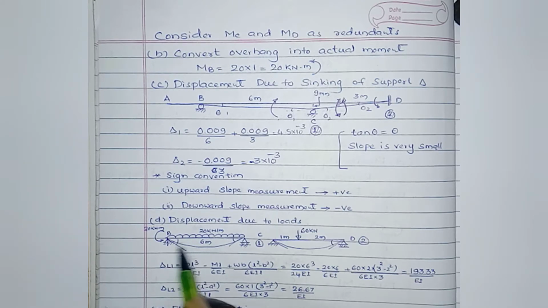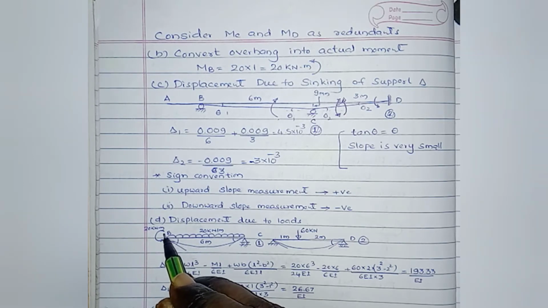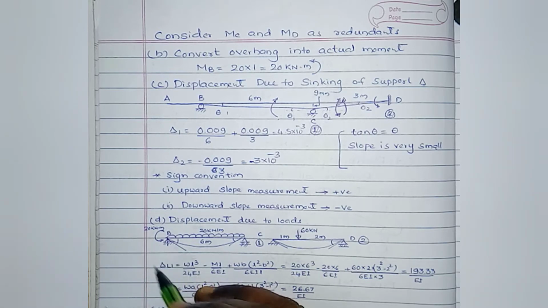Here in portion BC, the span is 6 meter and is subjected to UDL of 20 kilonewton per running meter. In addition to that, there is an overhanged portion. We have just now converted it into the actual moment acting at B, that is 20 kilonewton meter in anti-clockwise direction.